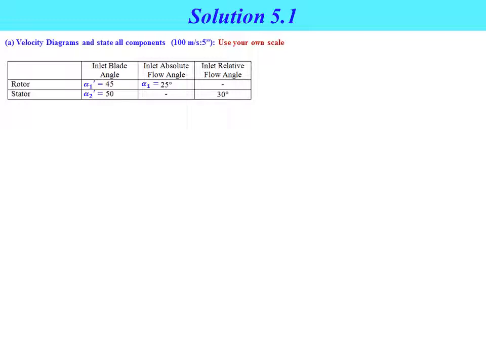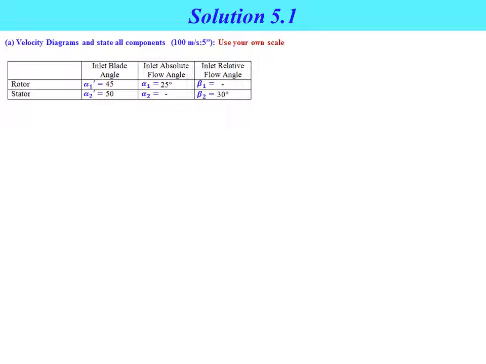Inlet absolute flow angle for the rotor is alpha 1, and for the stator alpha 2. Inlet relative flow angle for the rotor is beta 1, and for the stator beta 2. The values for alpha 1 prime, alpha 2 prime, alpha 1, and beta 2 are already given in the table.